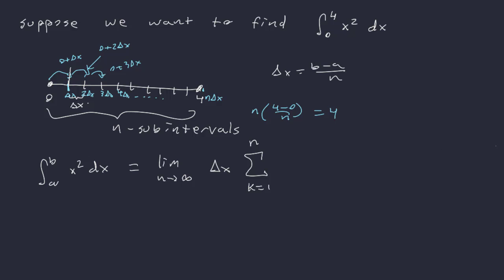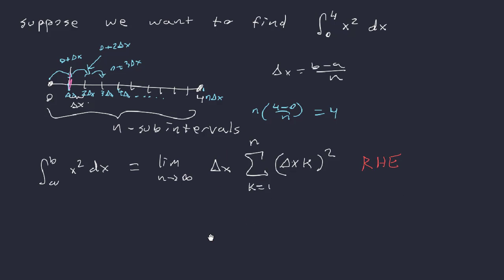So I'm using a right-handed estimate. So this will be delta x times k all squared. Okay, so that's a right-handed estimate.